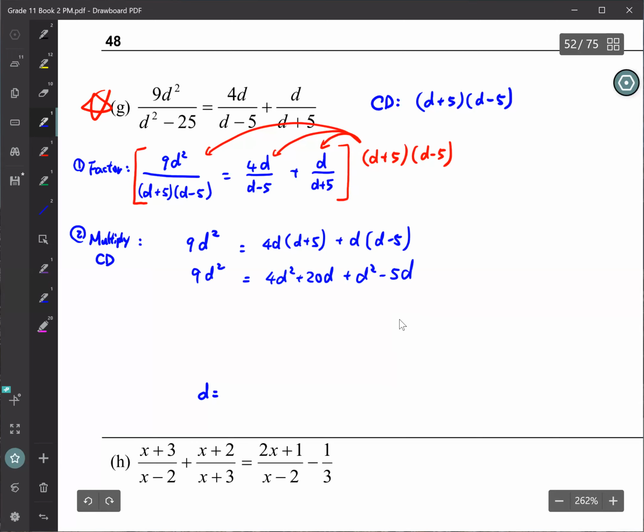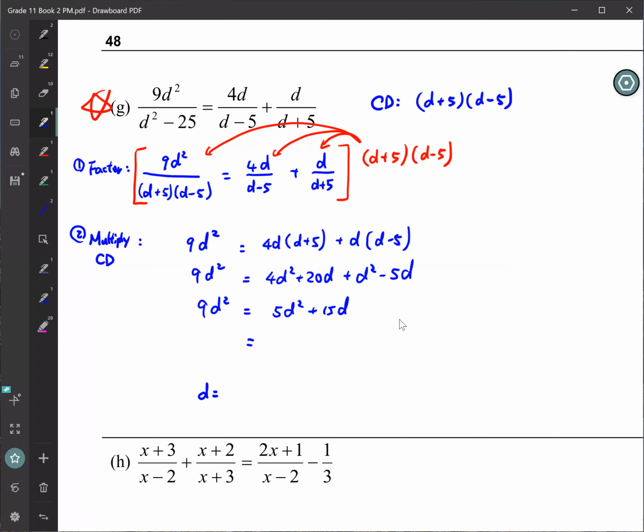And then I put the same terms on the right together, so 5d squared plus 15d. And then I subtracted 9d squared on both sides. And then I got stuck.